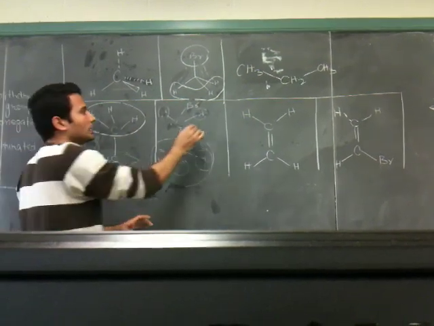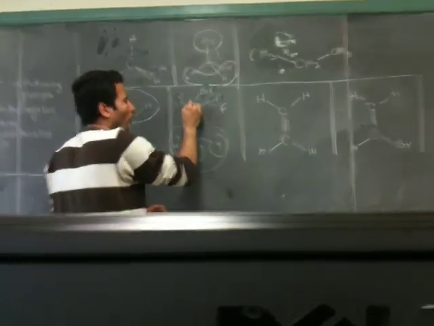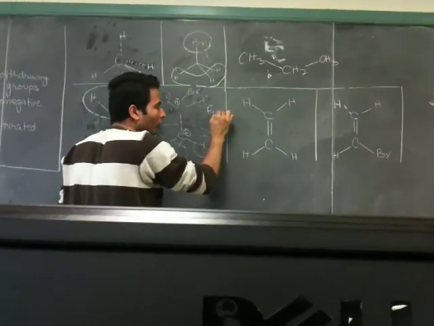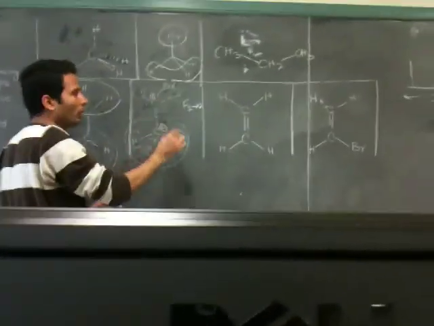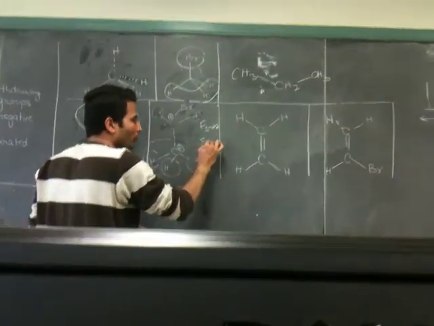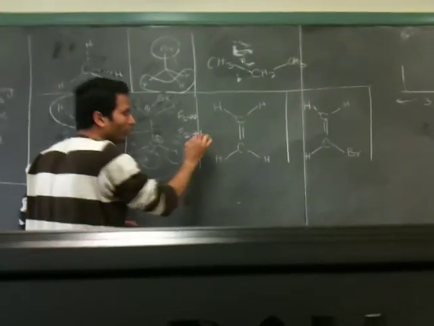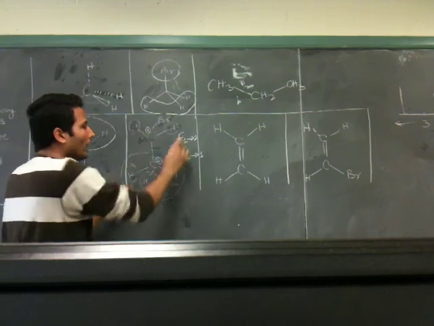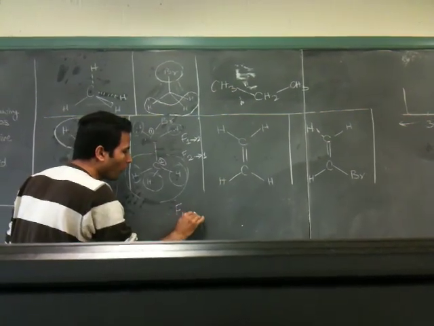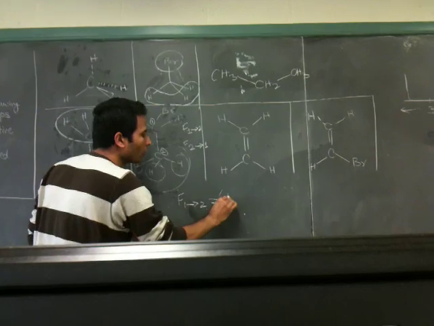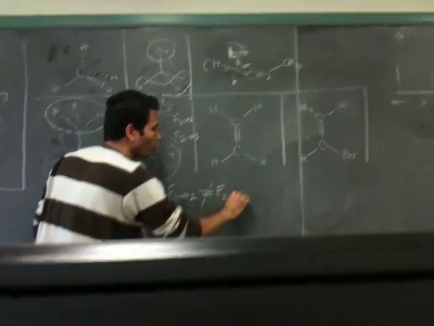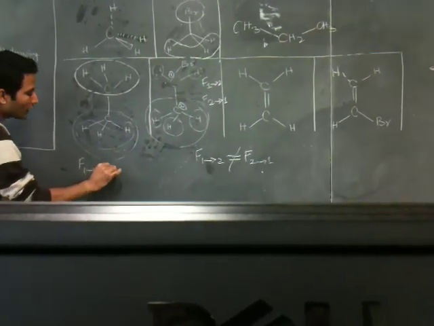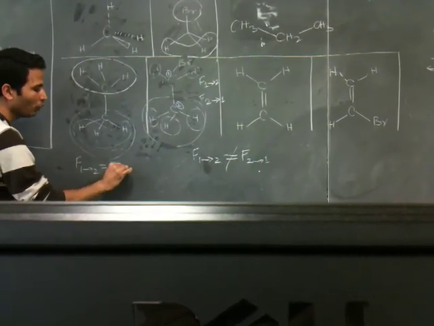So here I'm writing 1 and 2: force because of 1 on 2, and force because of 2 on 1. Okay? So there are now two sets of forces, and F1 to 2 is not equal to F2 to 1. In the earlier case, F1 to 2 was equal to F2 to 1.